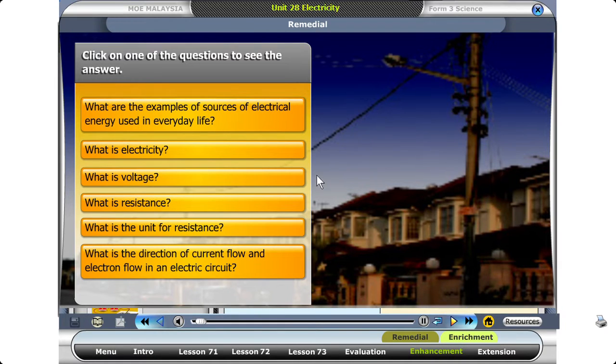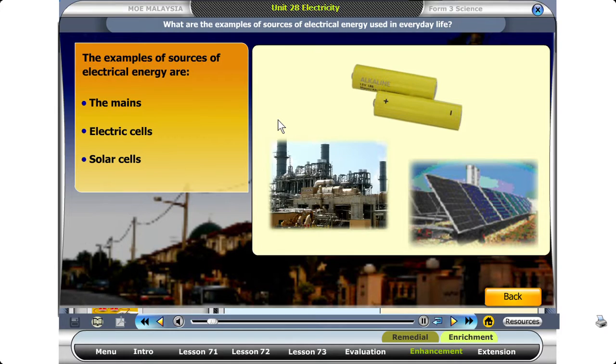Click on one of the questions to see the answer. Examples of sources of electrical energy are the mains from power stations, electric cells, and solar cells.